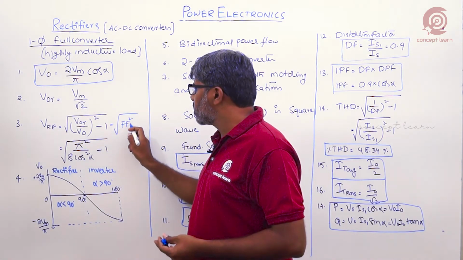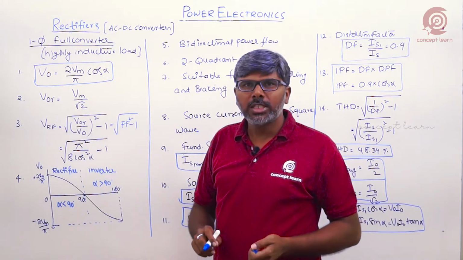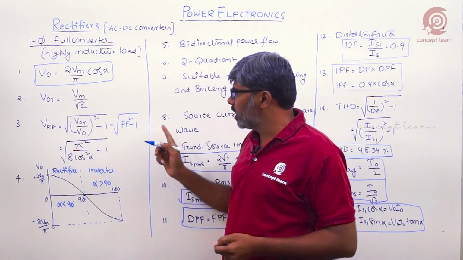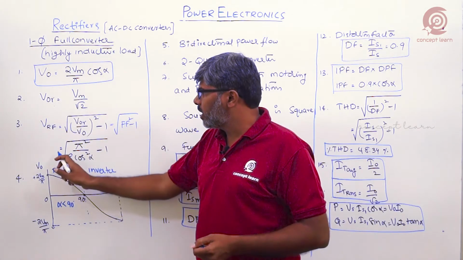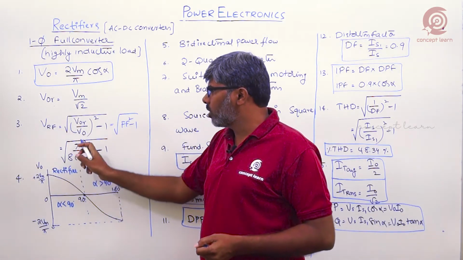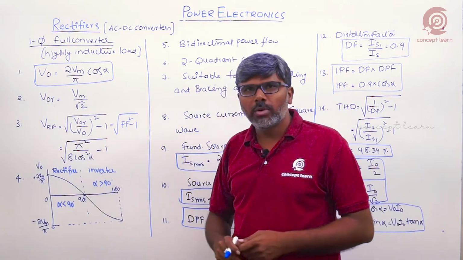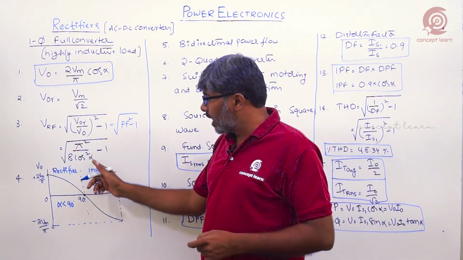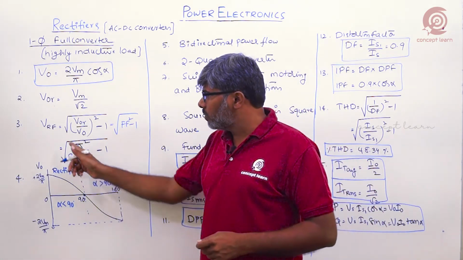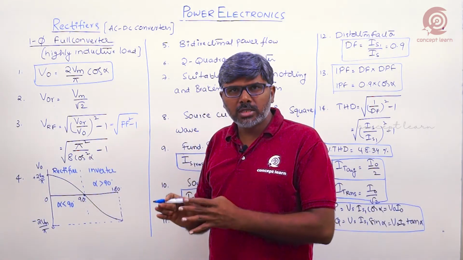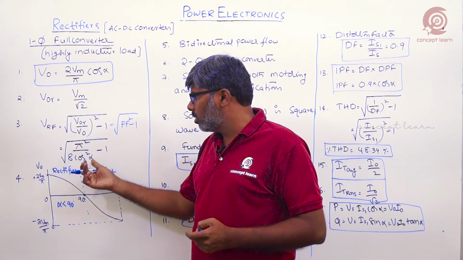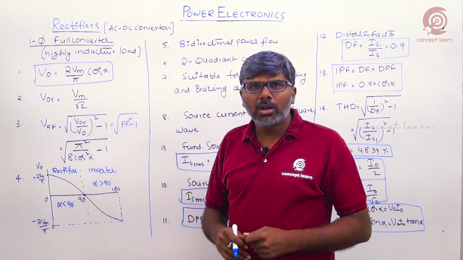So the ripple factor is the square root of form factor squared minus 1. By substituting the RMS value and average value, we get the voltage ripple factor as square root of (pi square by 8 cos square alpha minus 1). If you know the firing angle or control angle, substitute in this to get the voltage ripple factor. It is not fixed; it varies with the firing angle alpha.